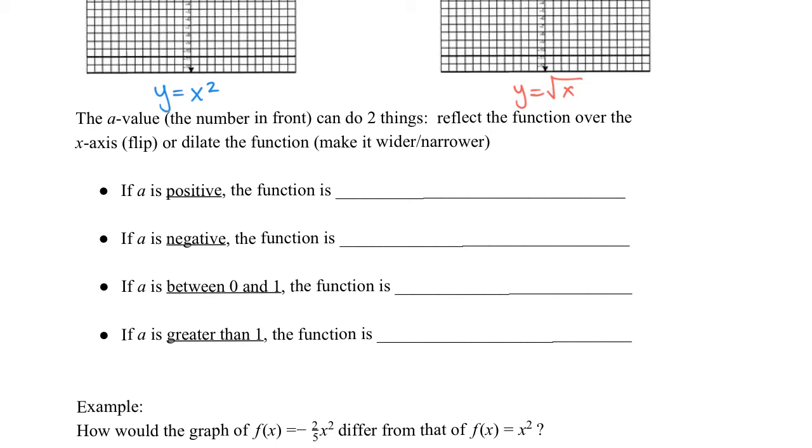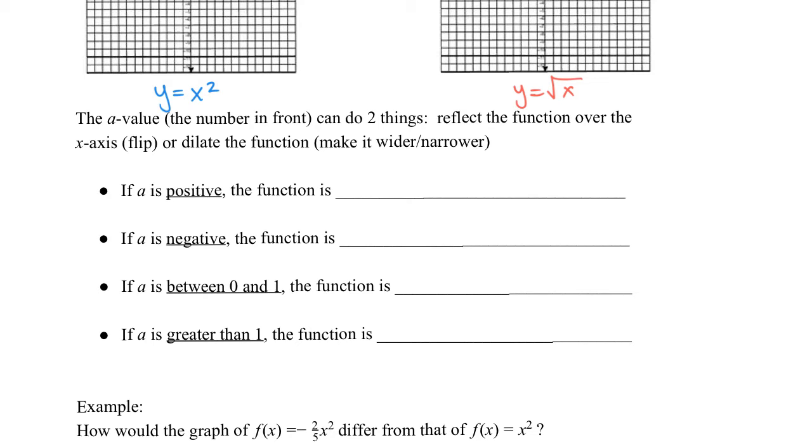Two things can happen with that a value. One is it can be positive or negative, and the other is it can either be between 0 and 1, or it can be greater than 1. This should be review, because we talked about this with quadratics way back in module 1.